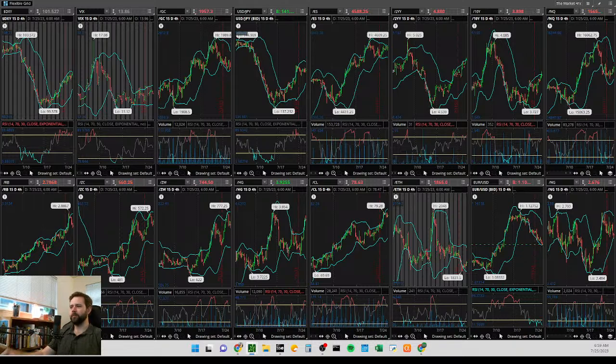Okay, so we got American Airlines, SoundHound AI, lulz. SoundHound AI is down 11.3%. Southwest Airlines, JetBlue, Spotify, Delta, and Alaska Airlines.